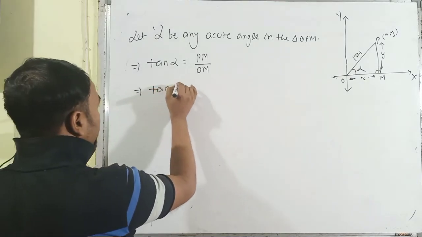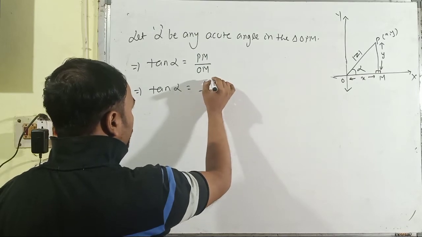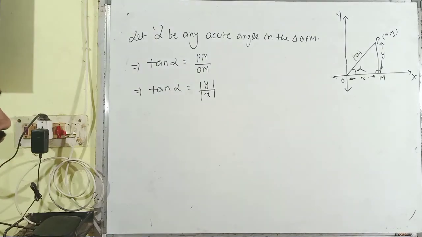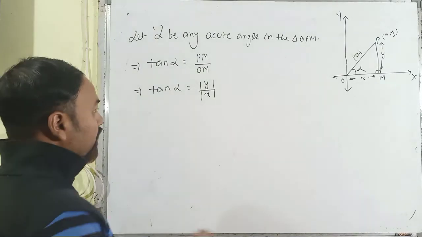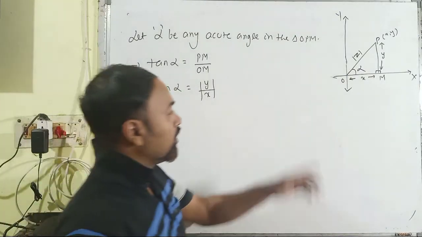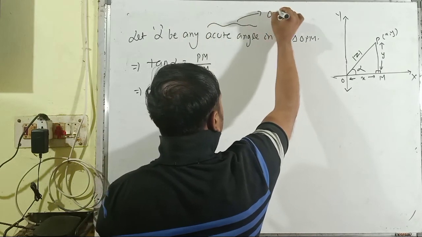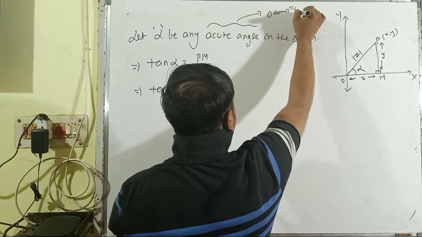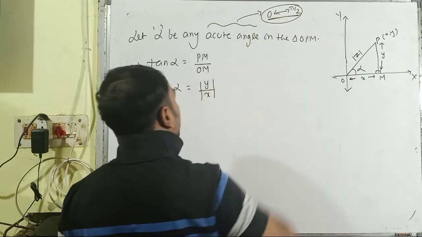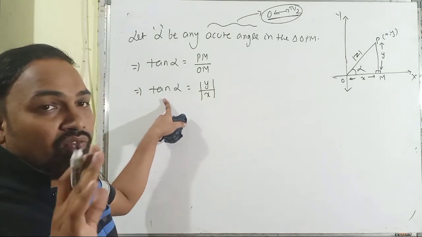Whenever we put the value of PM and OM here, we have to put a modulus symbol, because alpha is an acute angle, so it lies between 0 and pi by 2, and in this interval the trigonometric function tan carries only a positive sign.